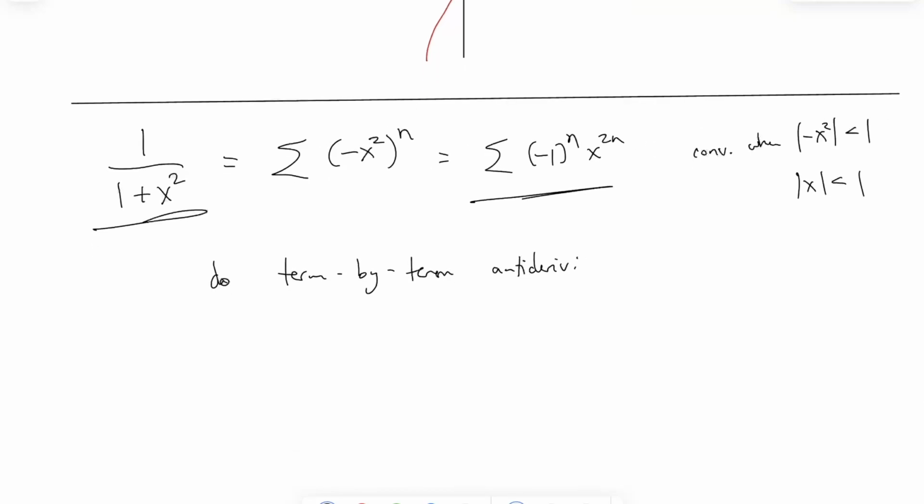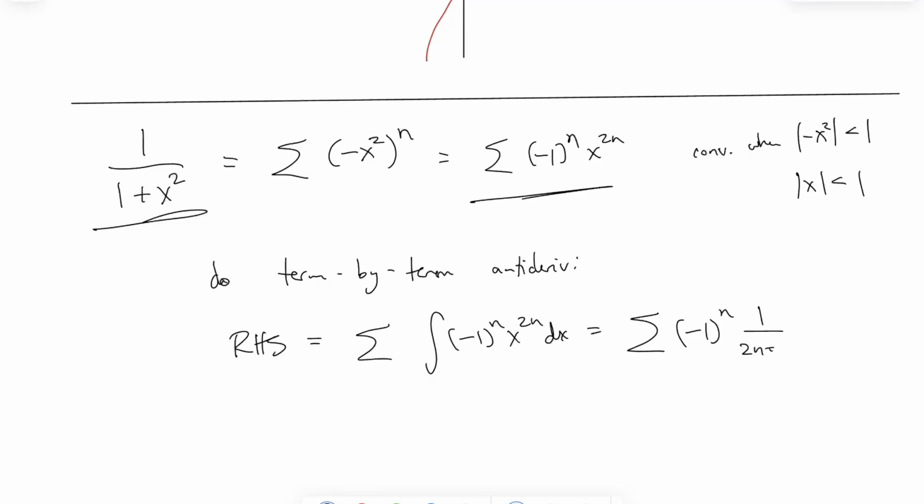On the right-hand side, that's maybe the easier one. Inside the sum, I just do the antiderivative each time. This gives me a sum. I'm still going to have minus 1 to the n, but x to the 2n, you increase the power by 1, so it becomes x to the 2n plus 1, and then you divide by 2n plus 1. So this is 1 over 2n plus 1, x to the 2n plus 1, like that.